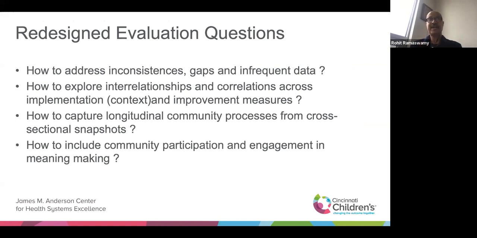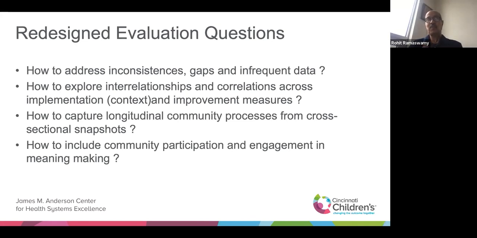We redesigned the evaluation questions so that we were able to do something different with the data that we already had. And so the focus of the evaluation then, rather than thinking about correlation between process and outcomes, was really to begin going back to what I said earlier about Dr. Greenhalgh's thinking about how we do complexity-informed research.